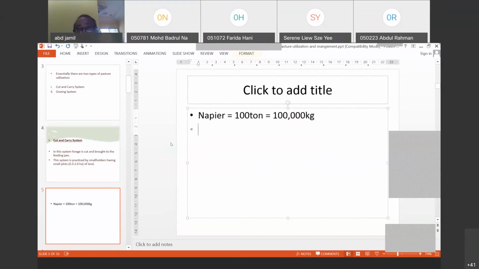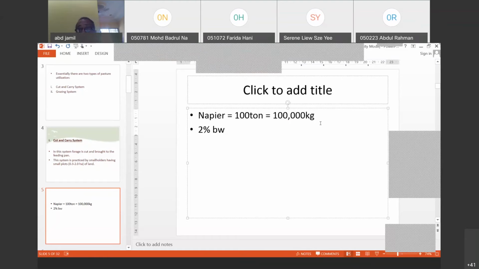If you want to give 2% body weight, this is dry matter, dry weight.